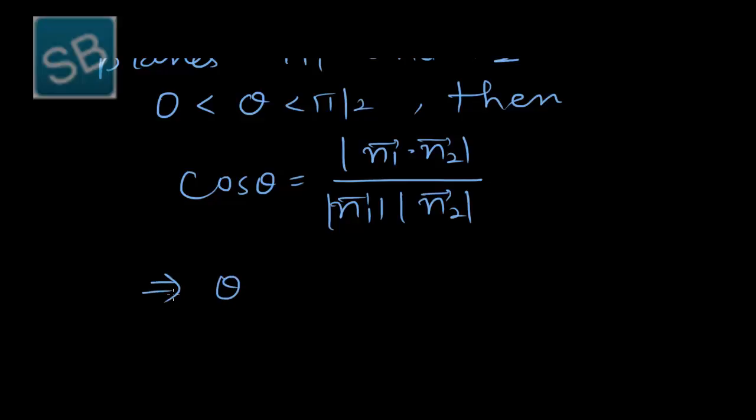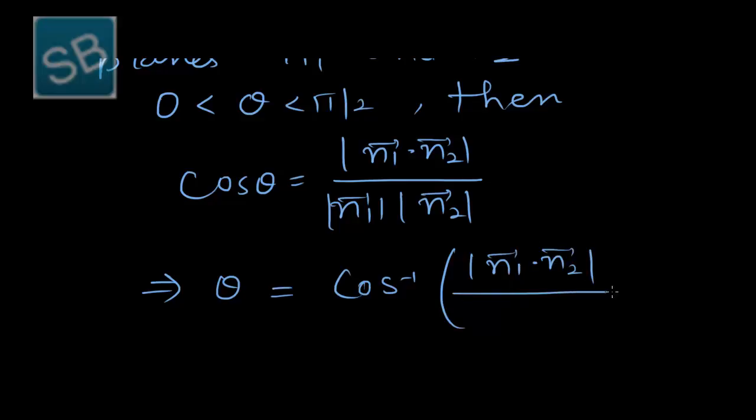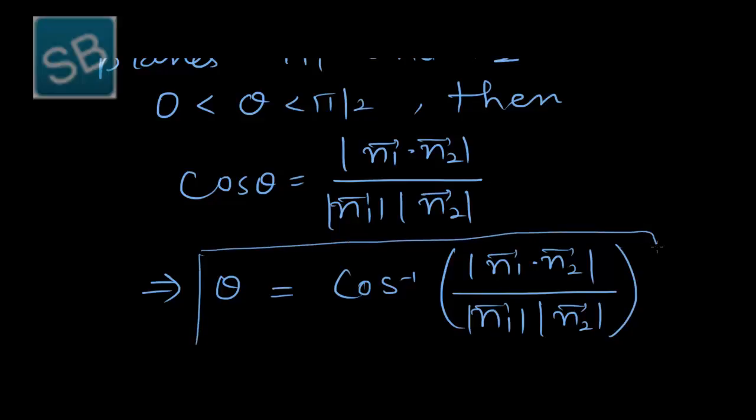That gives theta is equal to cos inverse of magnitude of n1 dot n2 over magnitude n1 magnitude n2. So this is the case when there is an acute angle between two lines.